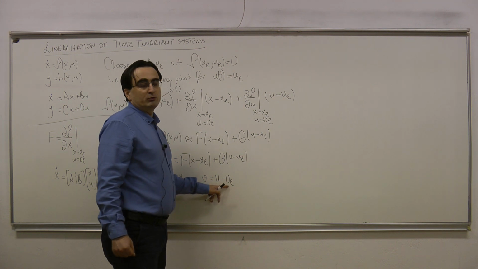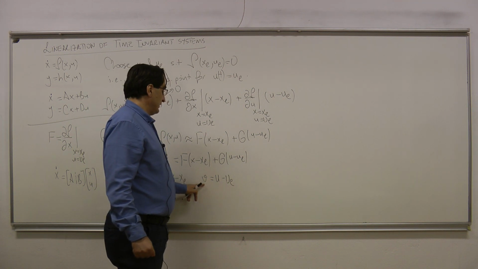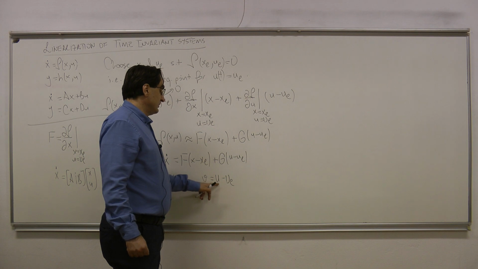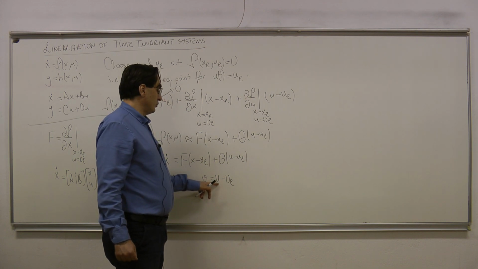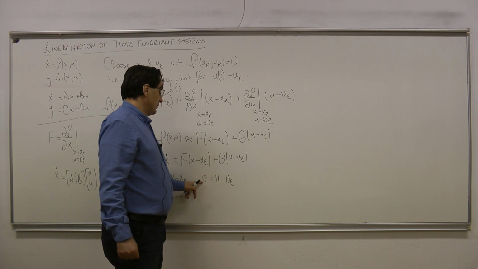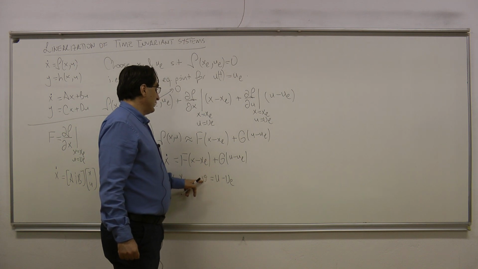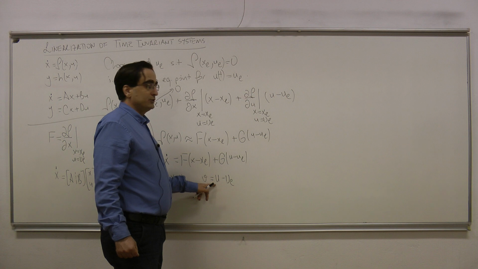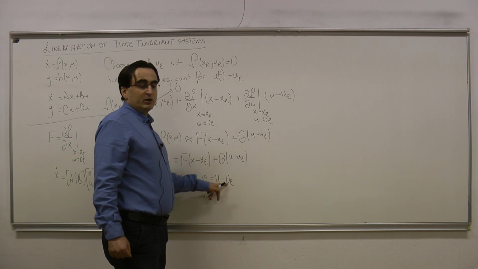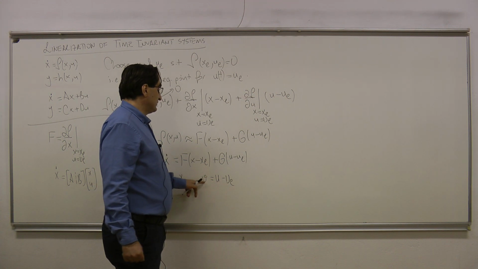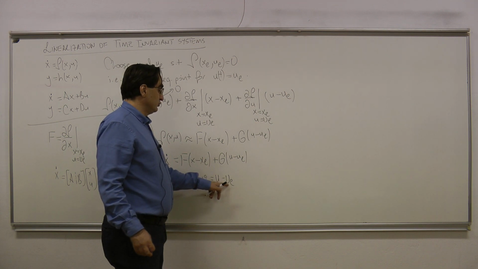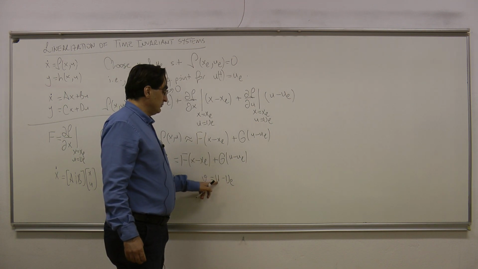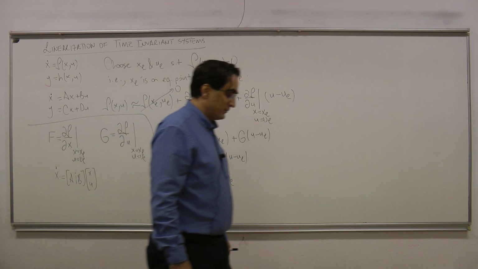If the equilibrium input is 2 and if v is 1, that means that u is going to be equal to 3. Because the origin in the v space is the equilibrium input in the u space. If the equilibrium input is ue and the distance of v from ue is 1, then u has to be 3.